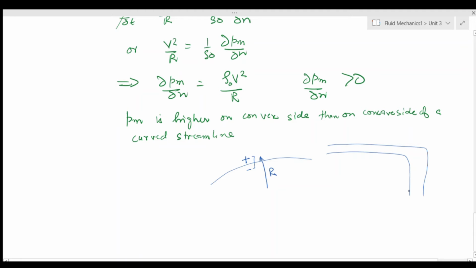So let's say this is a bend. Let's say this is an easy bend instead of a sharp bend. This is an easy bend. So what this shows is that if I'm taking a cross section here, and this cross section is A dash and A, I would have pressure increasing in that direction.